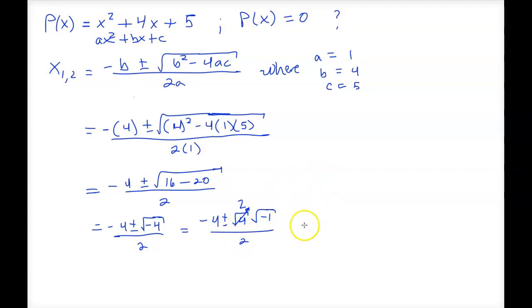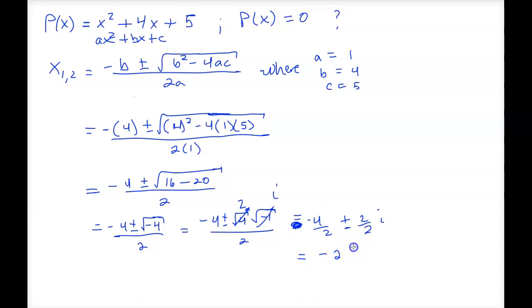And our final answer, if we split this up into 2 separate fractions, is negative 4 divided by 2 plus or minus, and of course, the square root of negative 1 is just i. So this would be 2 over 2 times i.